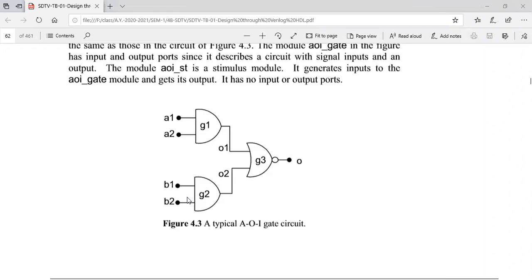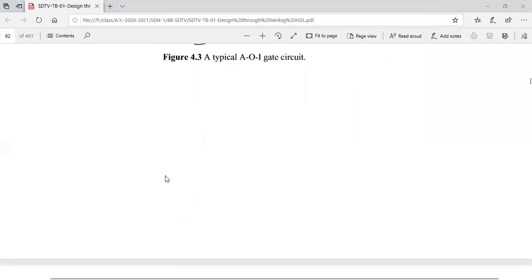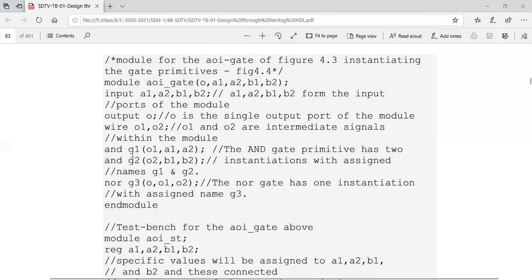For gate G1, my local output, which I have instantiated as a wire, is O1. The local inputs for this particular gate G1 are A1 and A2.